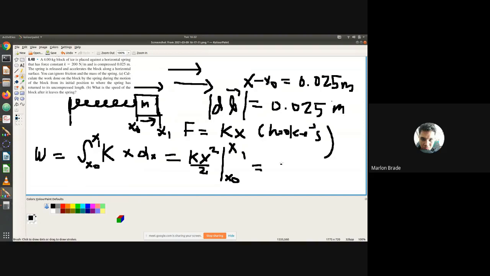So this is k x1 squared minus k x naught squared, all multiplied by 1/2. If I let x naught be 0, it implies that my x1 is 0.025. Okay?